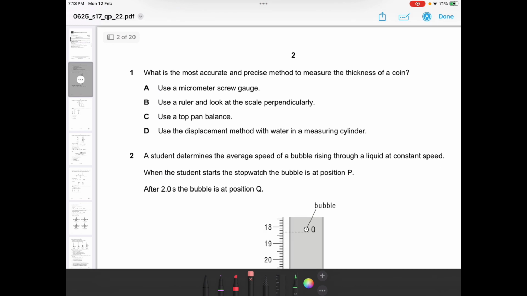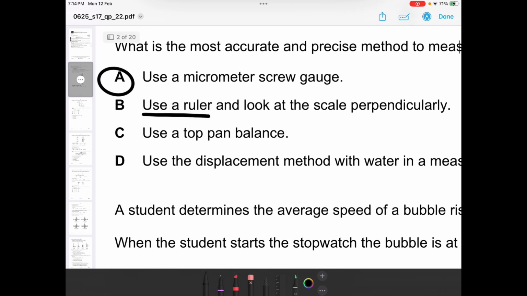First question, what is the most accurate and precise method to measure the thickness of a coin? So let's take a look at the options we have. A, micrometer screw gauge, and that is the answer, of course. But let's take a look at the rest of the options. B, using a ruler.